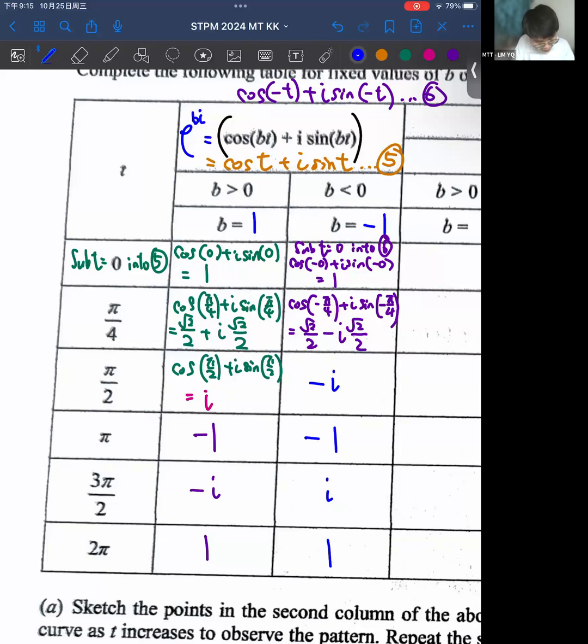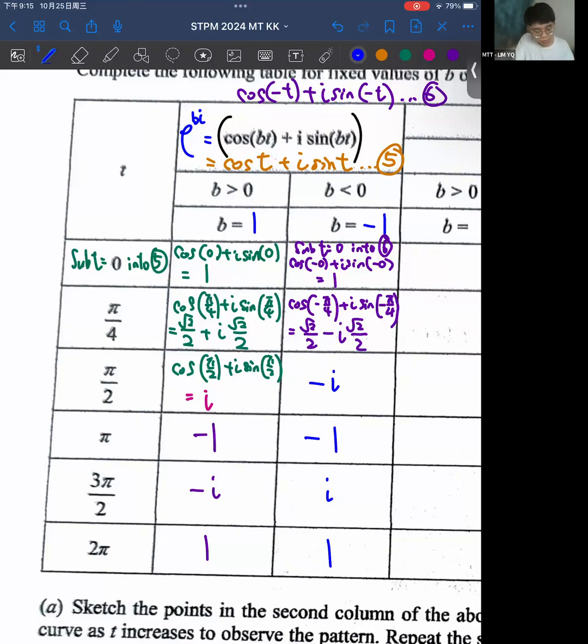Cos negative t means you press alpha x, close bracket, plus i, which is here, engineering symbol ENG, plus i sine negative alpha x, close bracket. So this is equation 6.